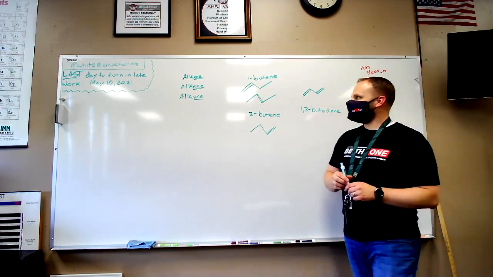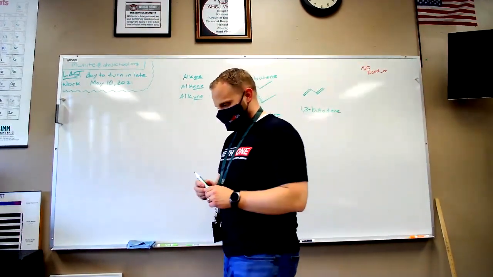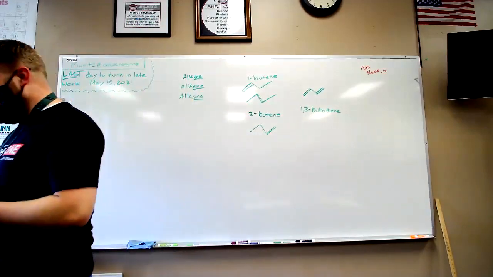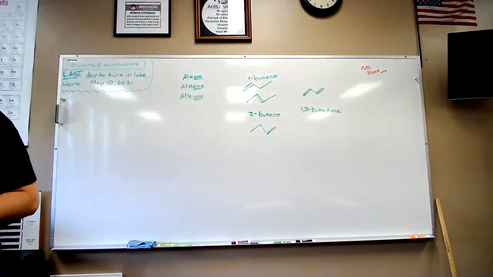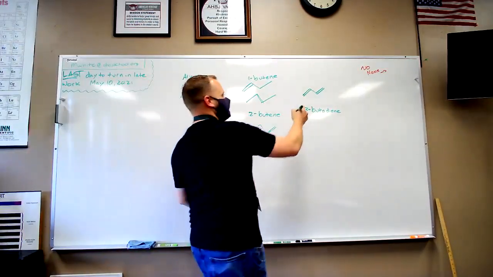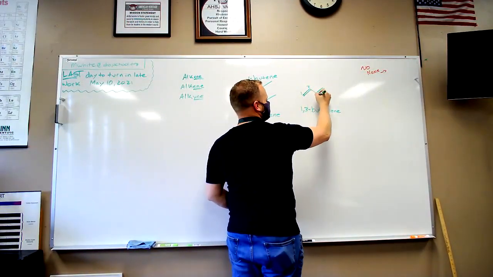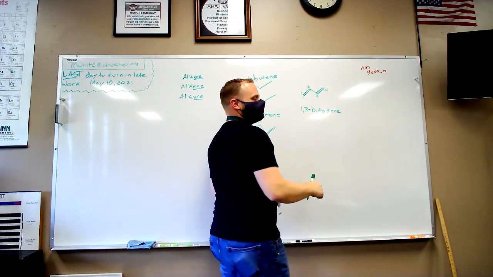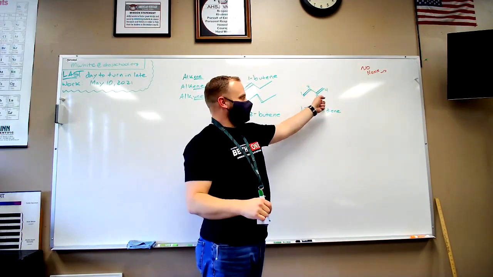Now, here is, but why is it 1 and 3? It tells us where the double bonds are.